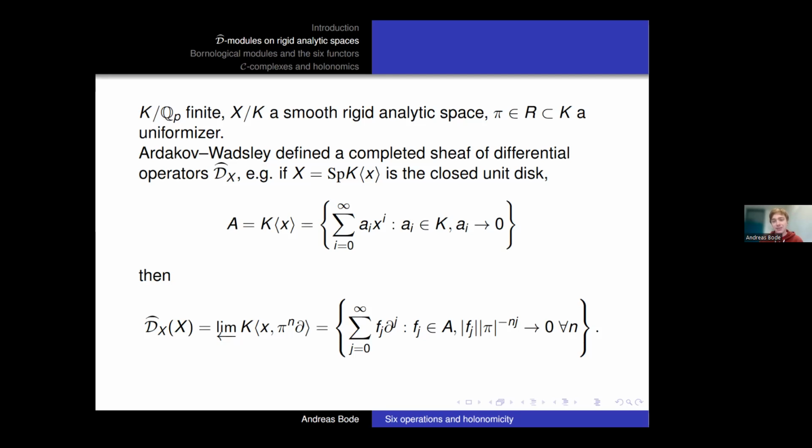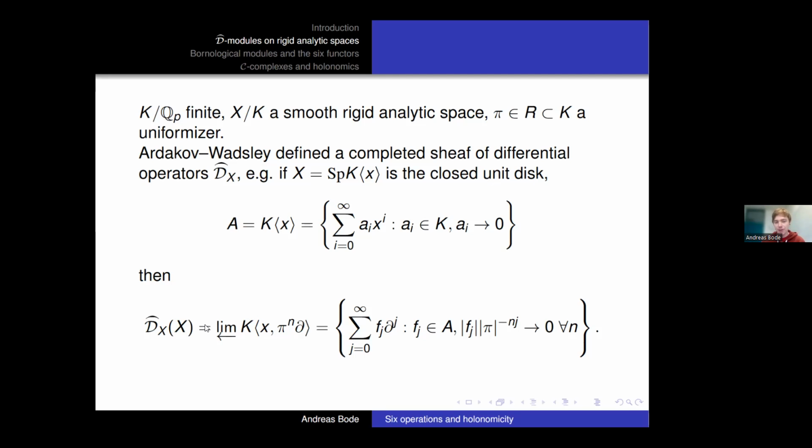I get disk times some big affine line, which is non-compact. So whereas p-adic analytic geometry likes these compact closed disks, the space that I think of here is something non-compact. This is why I need to write things in terms of a limit where I let the radius in the cotangent direction, in the partial direction, go to infinity.